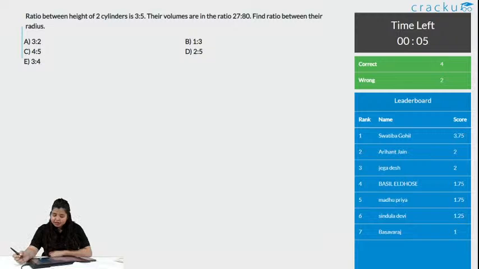Last 5 seconds remaining. If you have solved the question, mark it before the time ends. And the time is up. With this, we have 5 correct answers and 5 wrong answers. Let us see how do we do this.